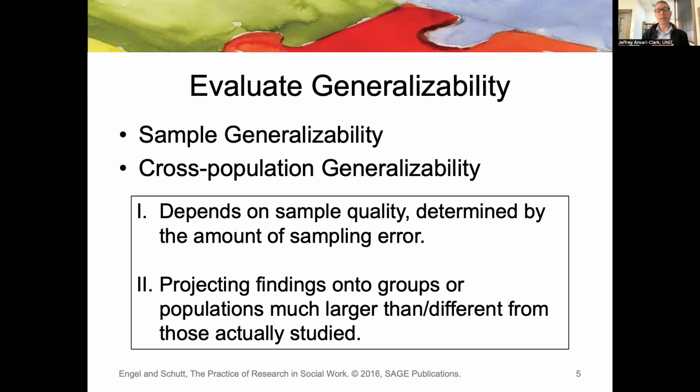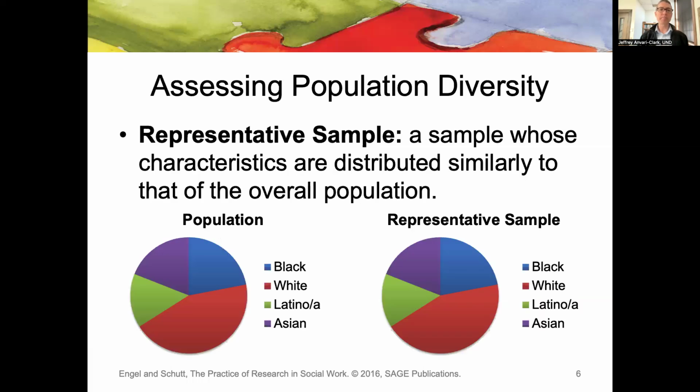Or if we measure the experience of people who are racially identified as white, does it cross over and actually represent the experiences of people who are racially identified as black? So we need to know to what degree we can make those associations across different populations. These are important considerations to make.